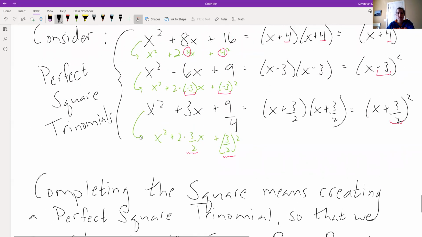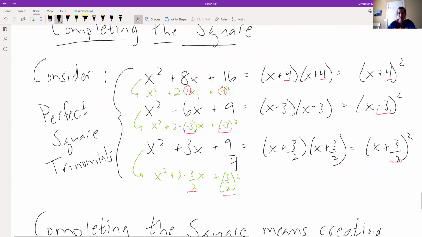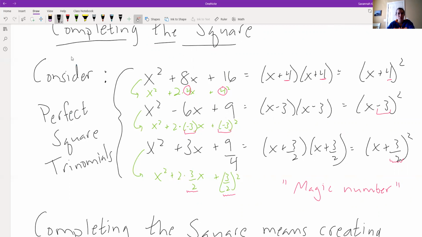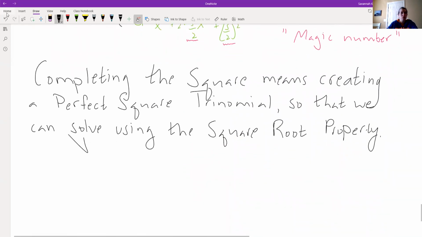Let's see. So let me just emphasize the pattern here. I was trying to think of a better way to write this. So we want our variable squared plus 2 times a magic number plus that magic number squared. So I'm going to refer to the number in pink as the magic number. Totally going off script here from the book. Okay, so let me rewrite that down here a little bit nicer.